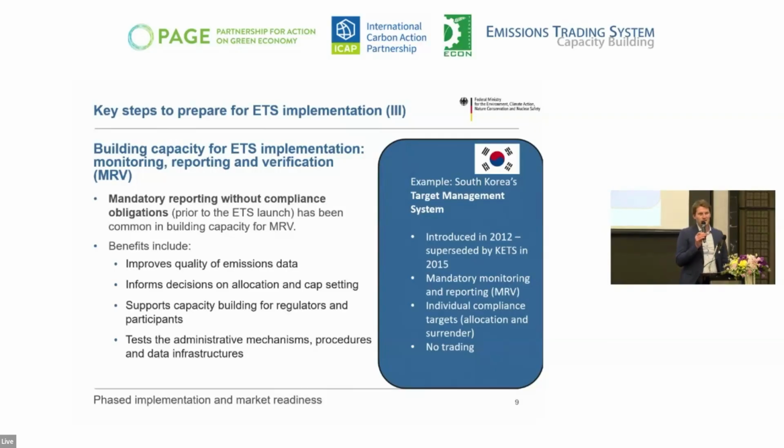An example for that is South Korea, where they introduced as a first step a mandatory reporting scheme called the Target Management System that ran for 3 years with mandatory reporting for the entities that would later be covered by the ETS, and individual compliance targets were already in place for allocation and surrender, but no trading yet.